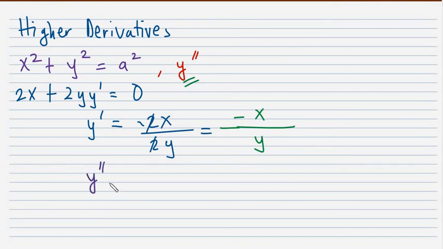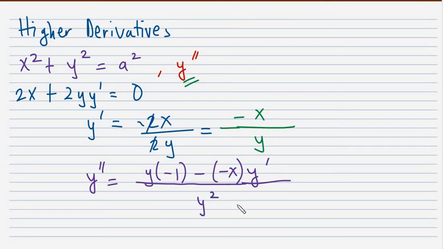So y double prime is equal to, so this is negative x over y. We will apply the derivative of a quotient. So we will start off with y, then the derivative of negative x, so that is negative 1, minus negative x, then the derivative of y, so that is y prime, all over y squared.